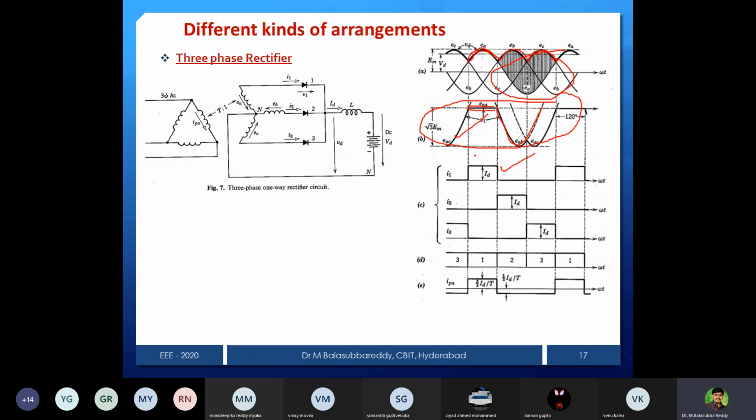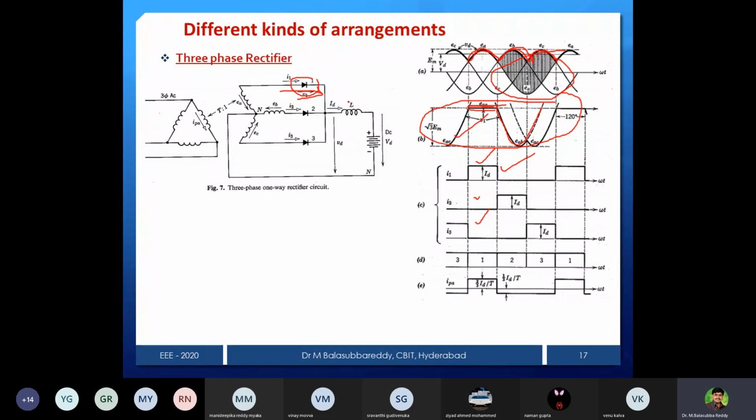But here you can see that the diode case has the same logic. Once the device is conducting, it will carry the load current, and the other currents you can show as 0, because only one at a time is going to conduct. The device 2, that means D2, is conducting from this point to this point. Once this is conducting, it makes diode D1 reverse biased, and so on.